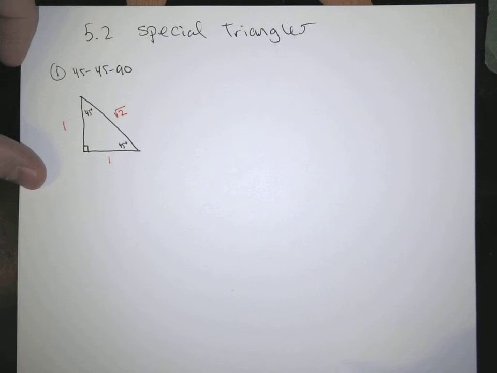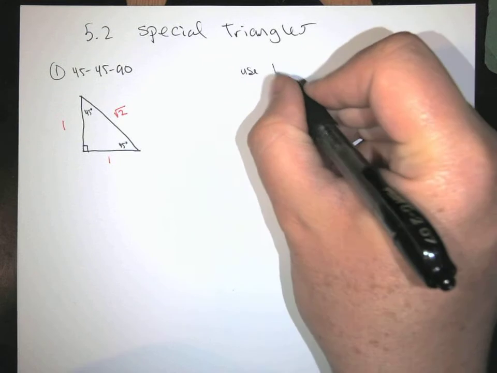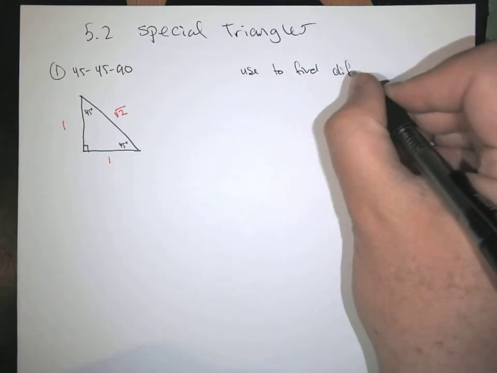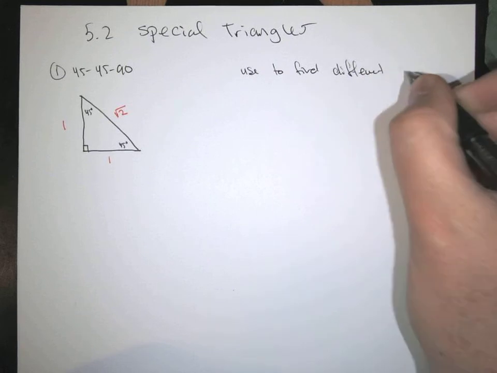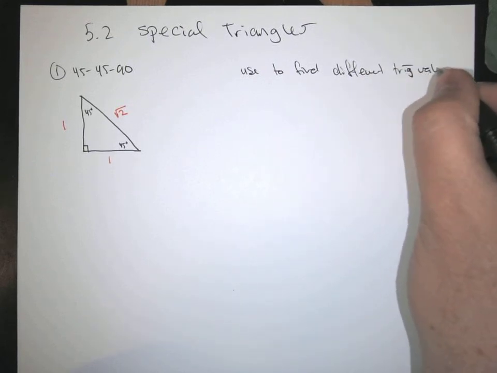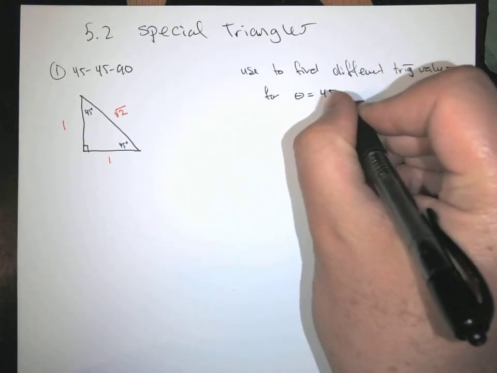So based on this, we can use this to find different trig values for a 45-degree angle. Trig values for theta equals 45 degrees.